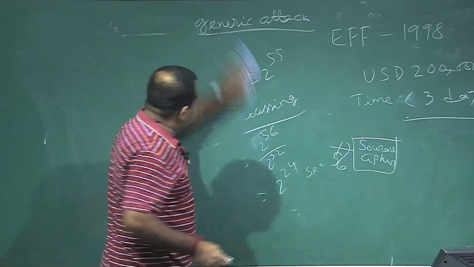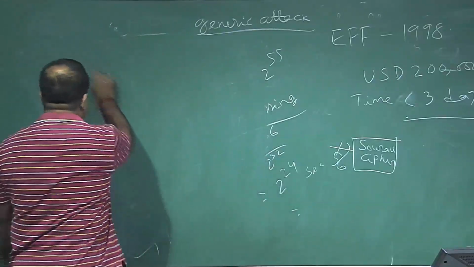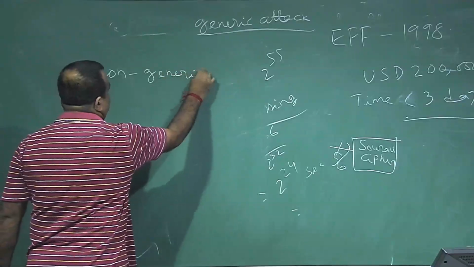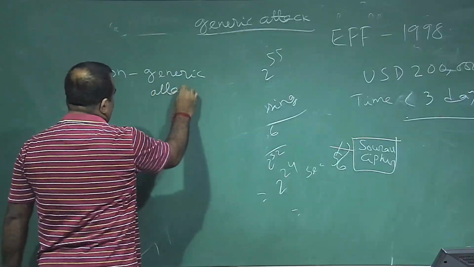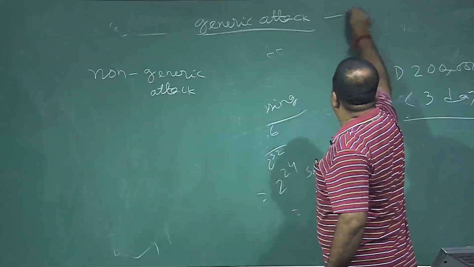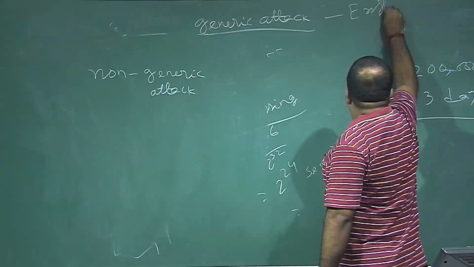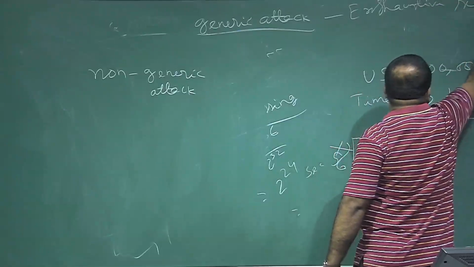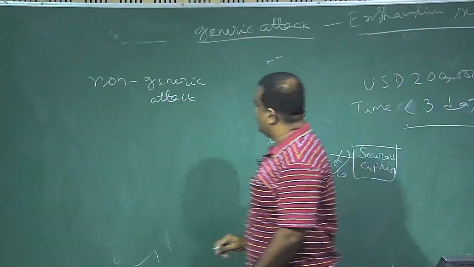Those are basically non-generic attacks. Generic attacks are basically exhaustive search or the time-memory trade-off attack. We will discuss the time-memory trade-off attack later on.